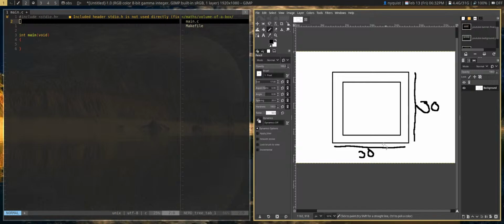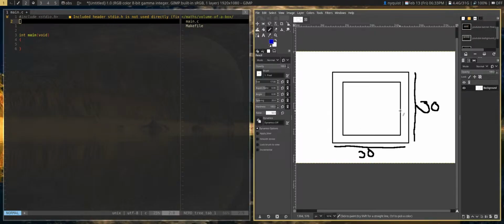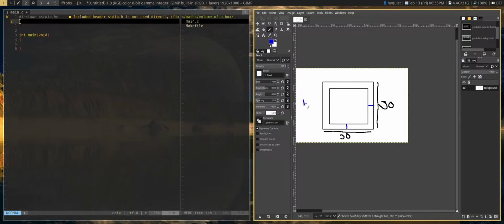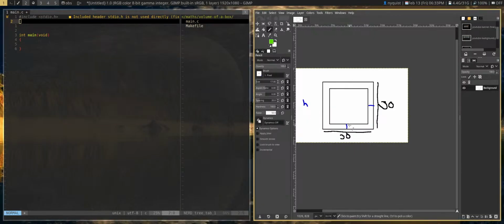But the height, from here to here, and here to here, that is H. And then this size right here is 30 minus 2H, if that makes any sense.